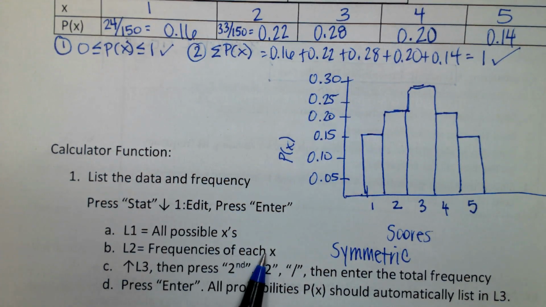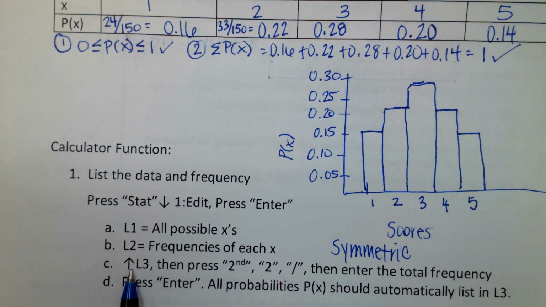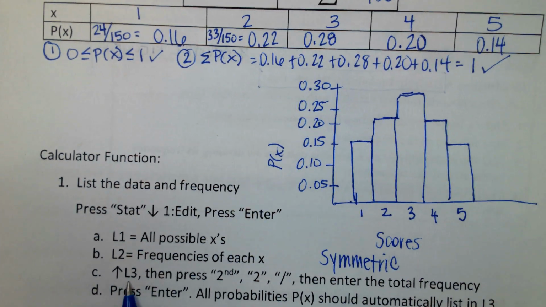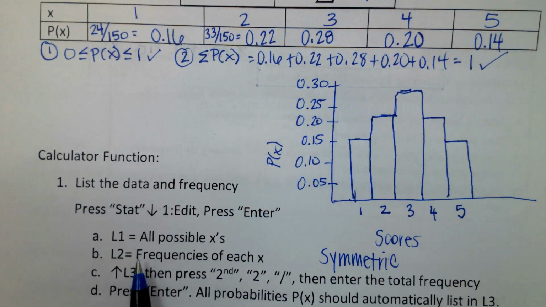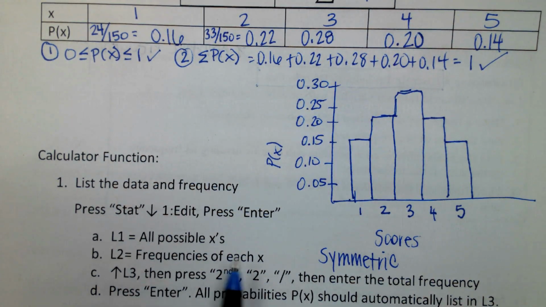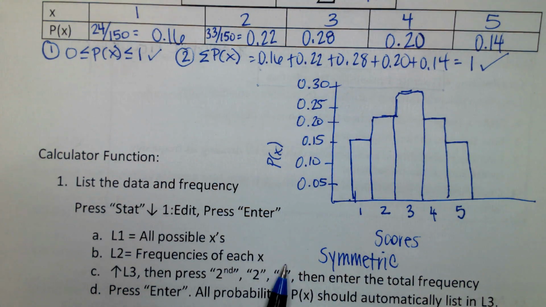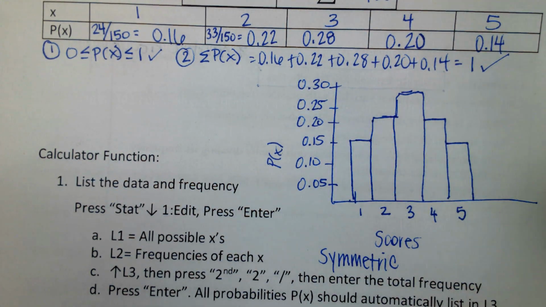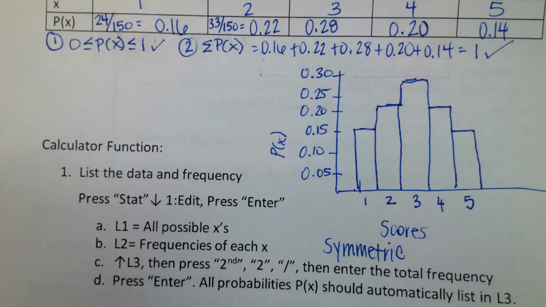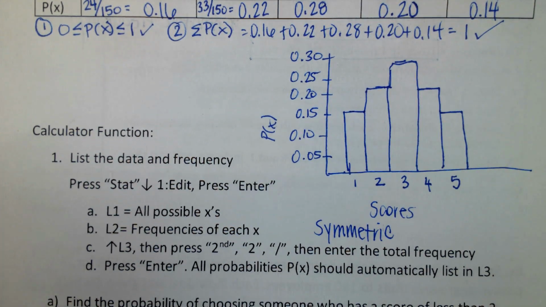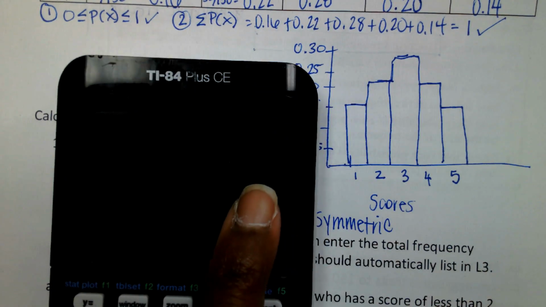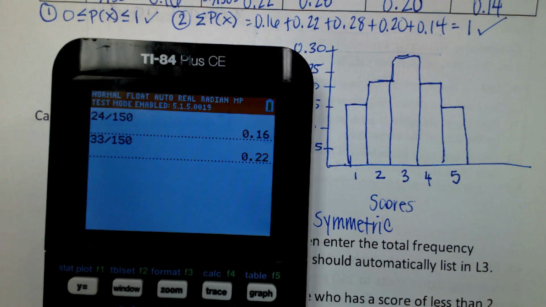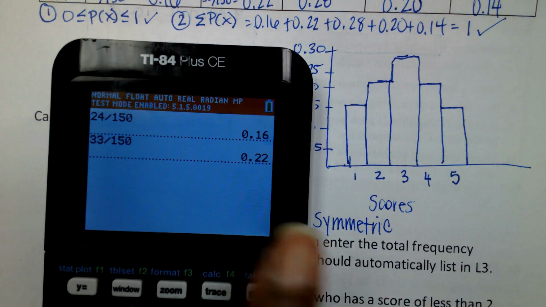L2, the frequencies are in there. L3 is where we're going to tell the calculator to calculate all of our probabilities at the same time. So we're going to tell the calculator to take the numbers in L2 and divide them by our total frequency. And then the calculator is going to pop them all out at one time. This might take a couple of times for you to practice, so if you need to review this a couple of times, it's okay.